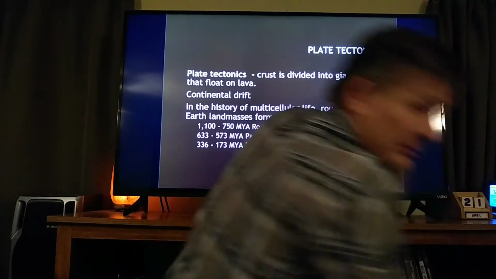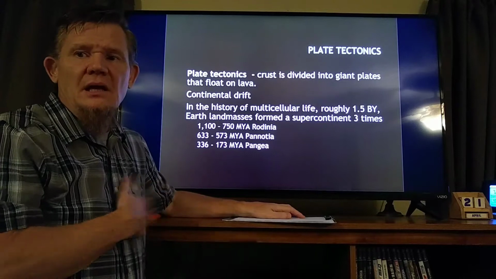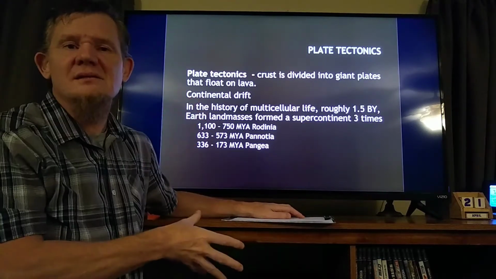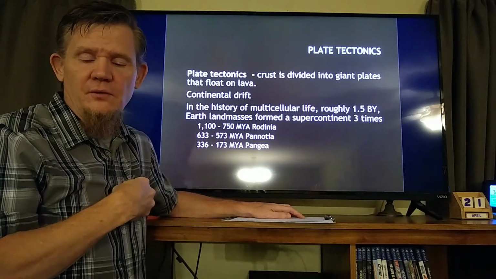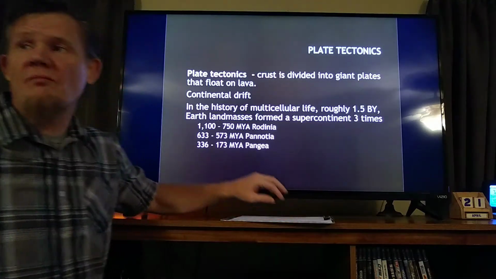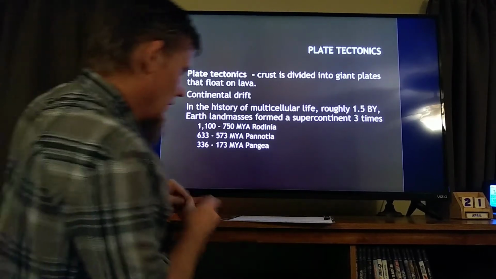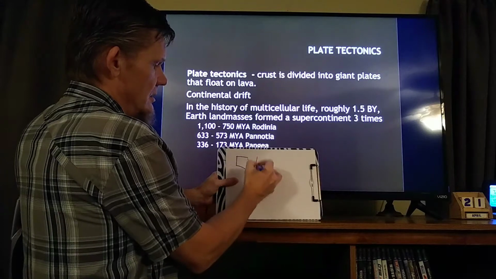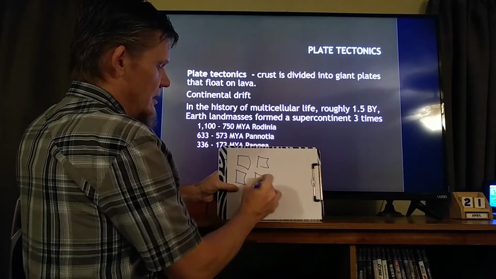I need a pen. I want you to imagine a continent that is 6 inches on a side. And let's imagine that we have 4 of them. All right? 4 continents that are 6 inches on a side. So there's 1, 2, 3, 4.